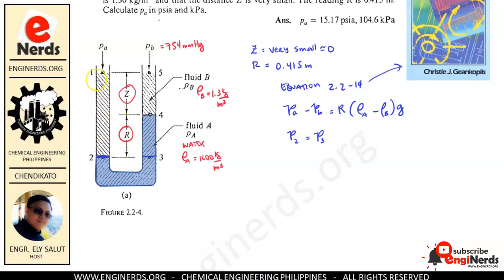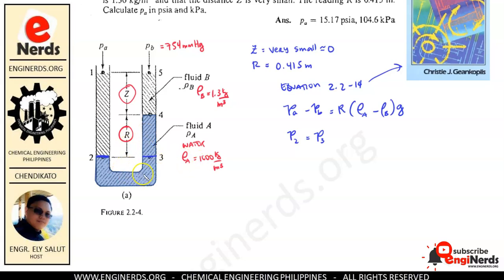Therefore, kung kukunin natin yung pressure on this point, we have to consider PA and what is inside this tube, okay, having this height. And also here, we are going to consider PB and the pressure generated because of this fluid and the water here.